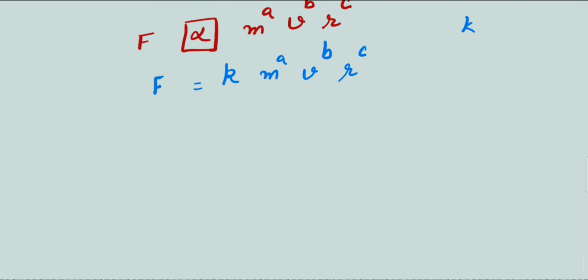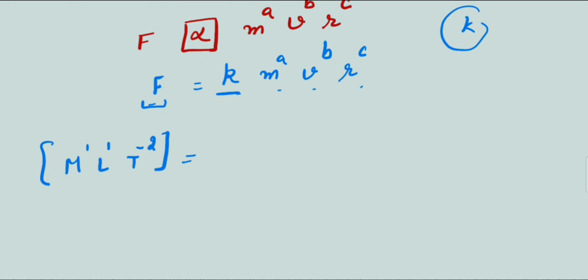Now we'll write the dimensional formula for force, k, mass, v, and r. We know the dimensional formula for force is M1 L1 T raised to power minus 2. K doesn't have any dimension, so I'm not going to write it here.